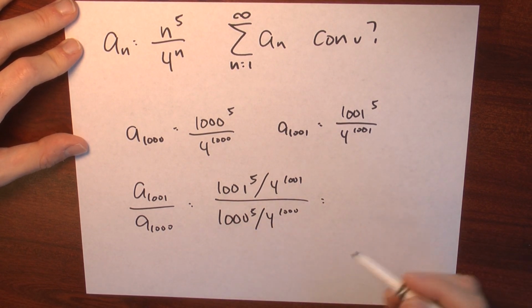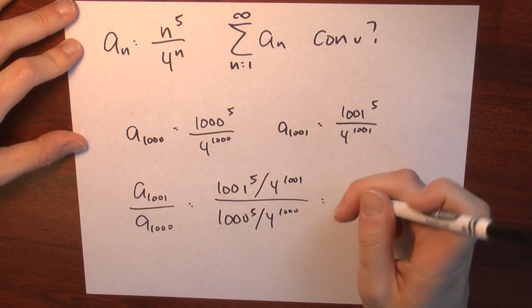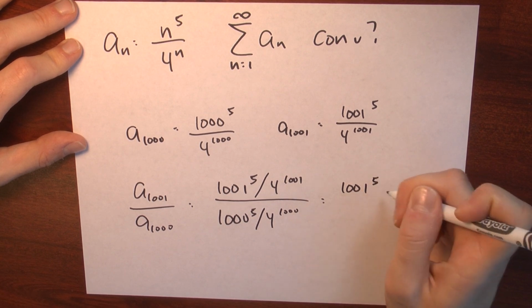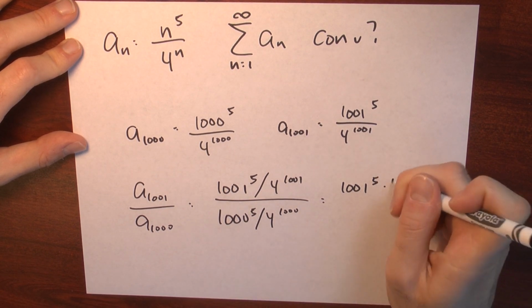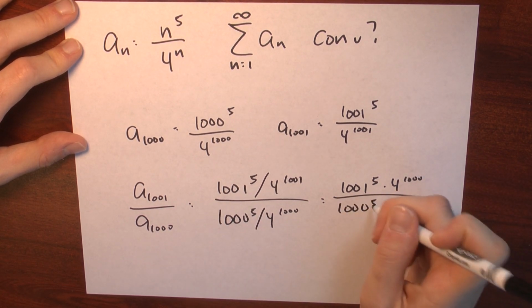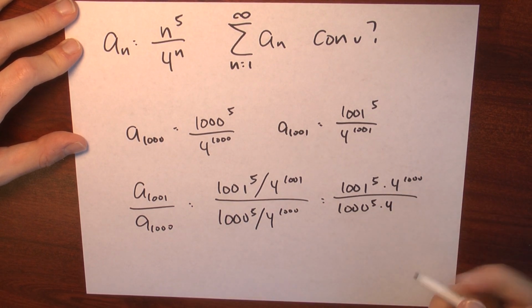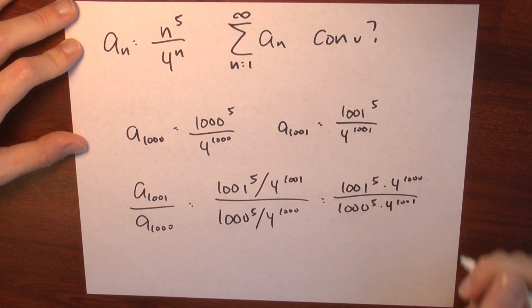I could rewrite this, because I've got a fraction with fractions in the numerator and denominator, as 1,001 to the 5th times 4 to the 1,000th power, divided by 1,000 to the 5th times 4 to the 1,001st power.